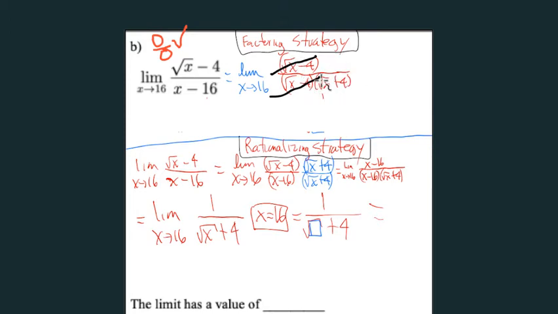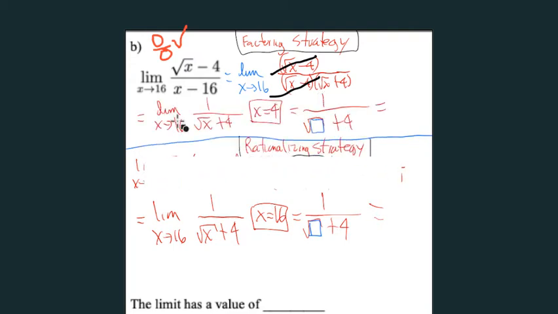I no longer have 0 over 0, and I don't have to get close to 16. I can actually reach 16. So I wrote it once more as limit as x approaches 16, root x plus 4. But now I'm actually going to let x equal 16, because I can get to 16.